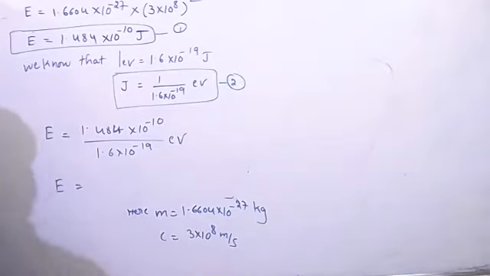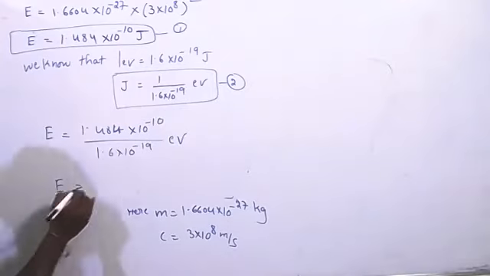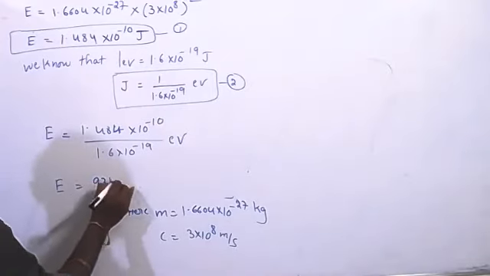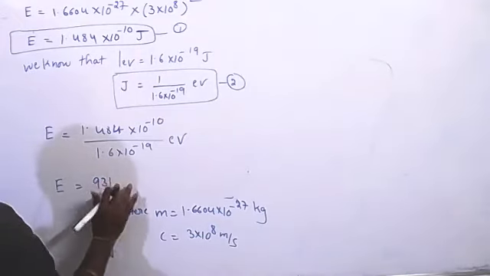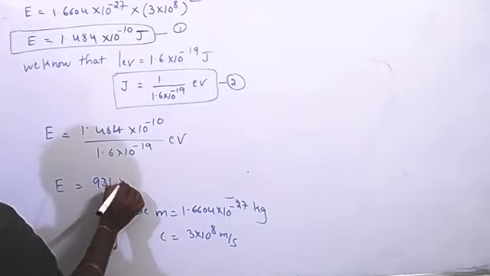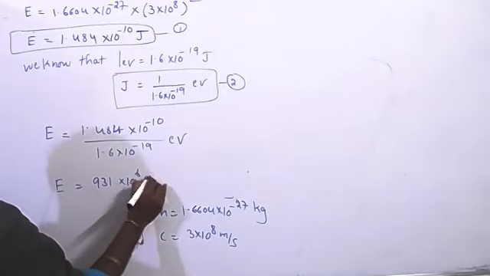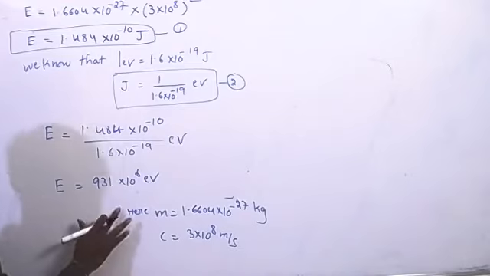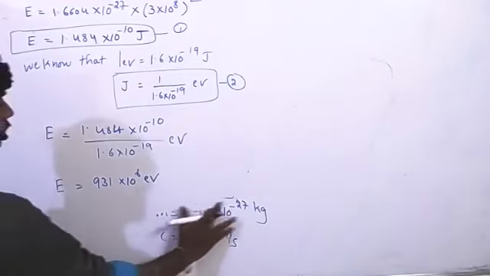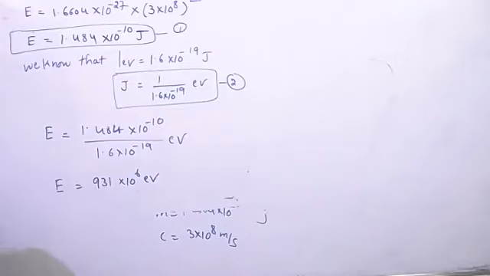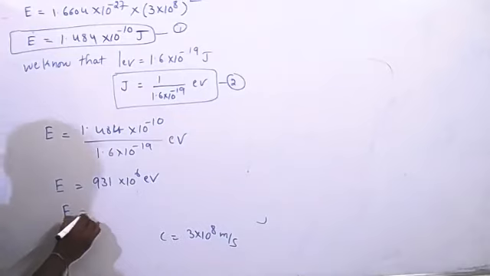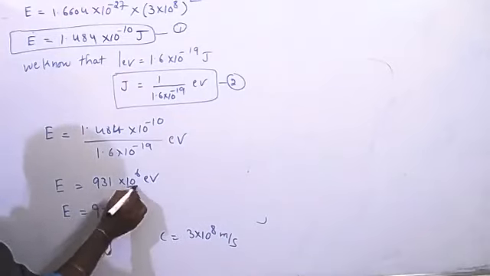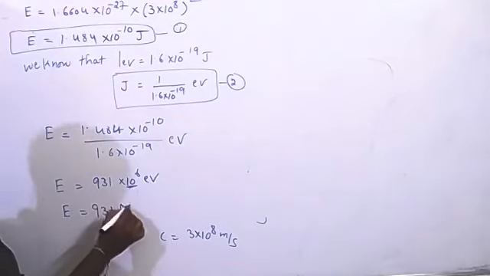If you solve this, you will get 931 into 10 to the power of 6 electron volt. 10 to the power of 6 means mega electron volt.